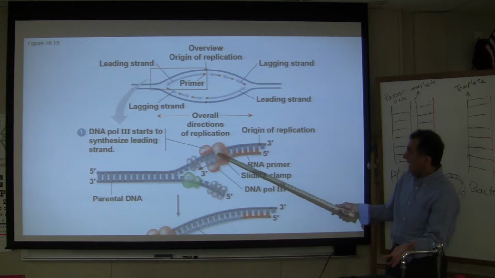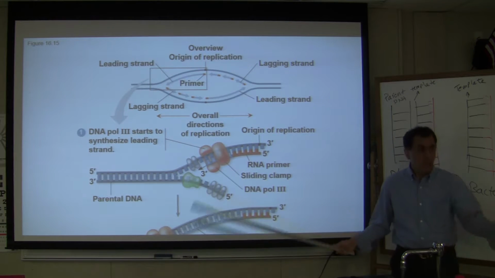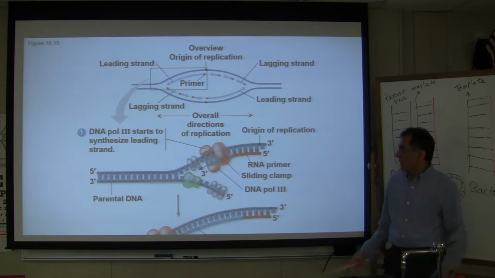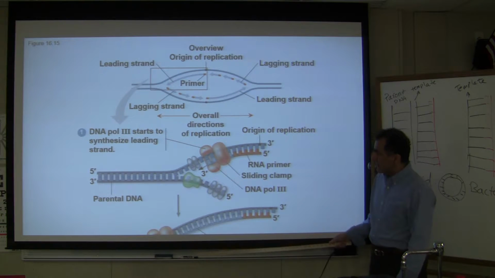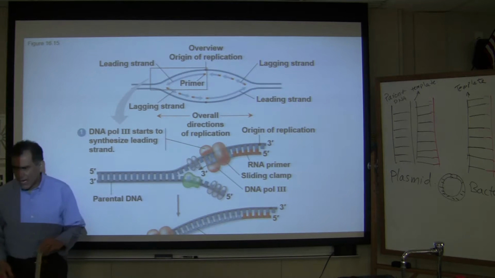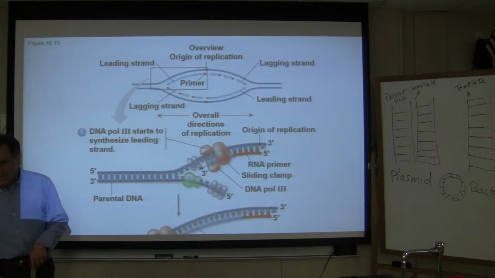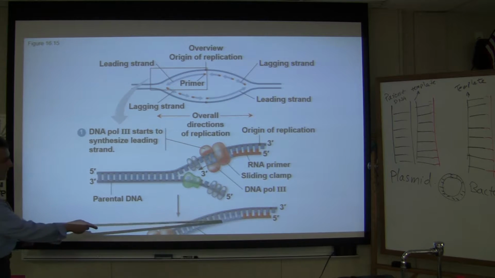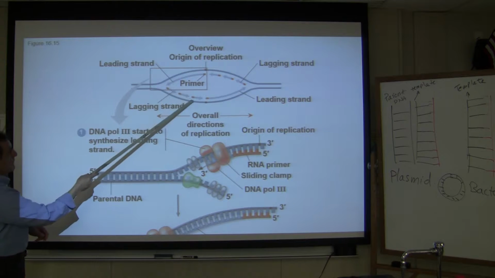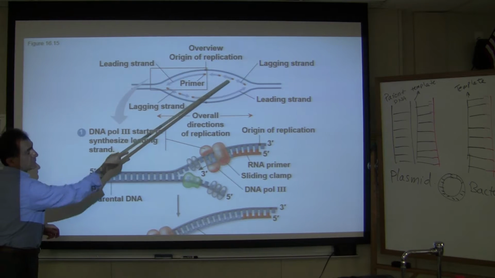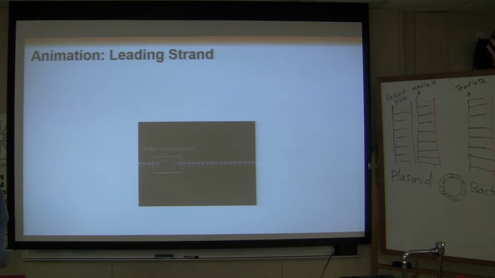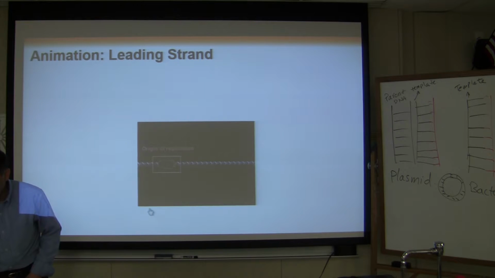That is the law of base pairing, which I wrote on the board last time. Continuous elongation: this is the leading strand. The leading strand is longer, and these short fragments are called the lagging strand. Right here, let's look at the animation.